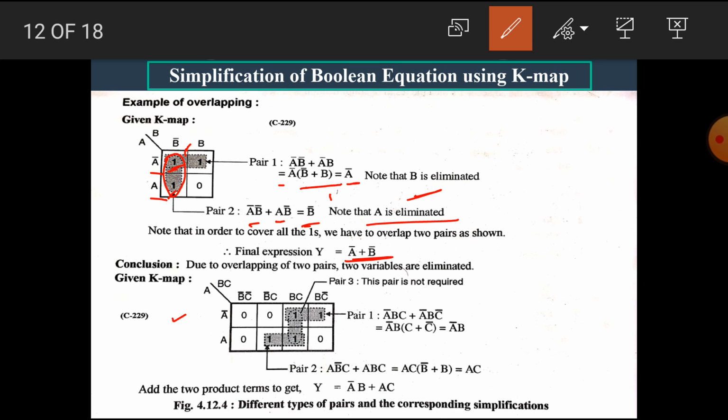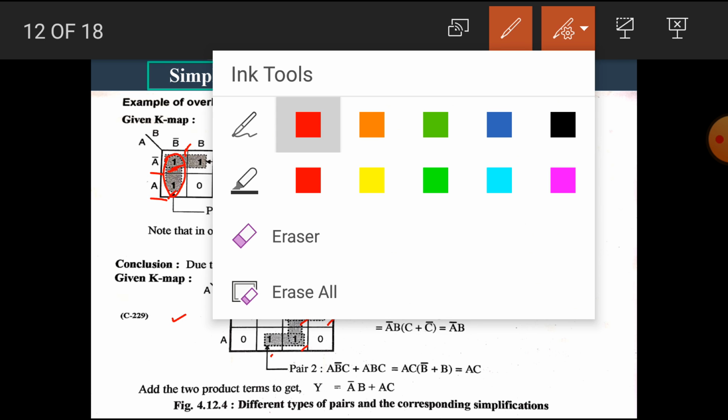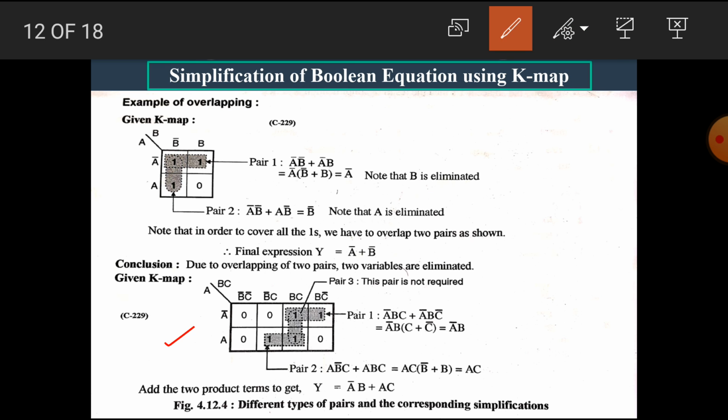The three variable Kmap A B C, and we get the values of ones here 1 1 1 1. If we look at this Kmap, we can find that there is no octet or no quad. Hence we have to make pairs. This is pair first, this is pair second, and this is pair third.